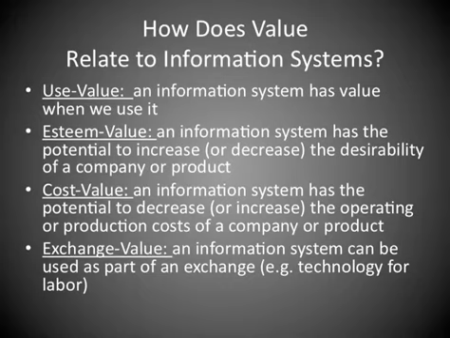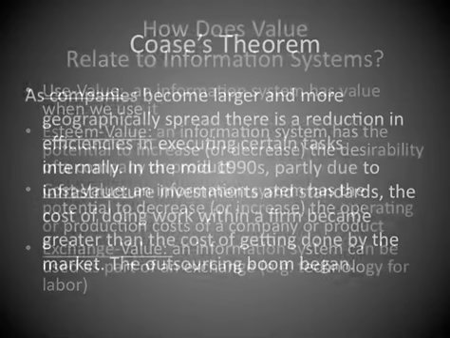So we can decrease the costs of producing a product. Exchange value: an information system can be used as part of an exchange. In other words, if I build an information system that allows me to exchange technology for labor, in other words, lay people off, we would measure the exchange value of that information system.